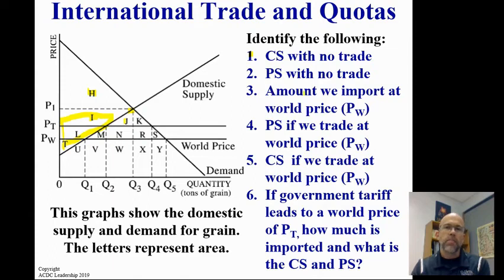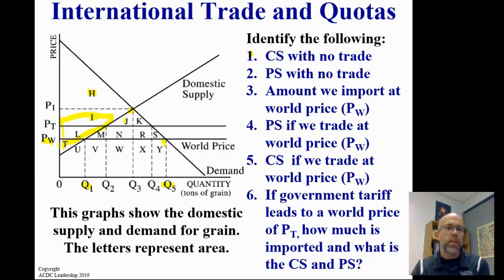We can also get the amount imported at world price. So if we look at the world price here at PW, and we look at the quantity, we would see the quantity 5 minus the quantity 1. So quantity 5 minus quantity 1 would be the amount that we import. Now that changes our producer surplus if we trade at world price.